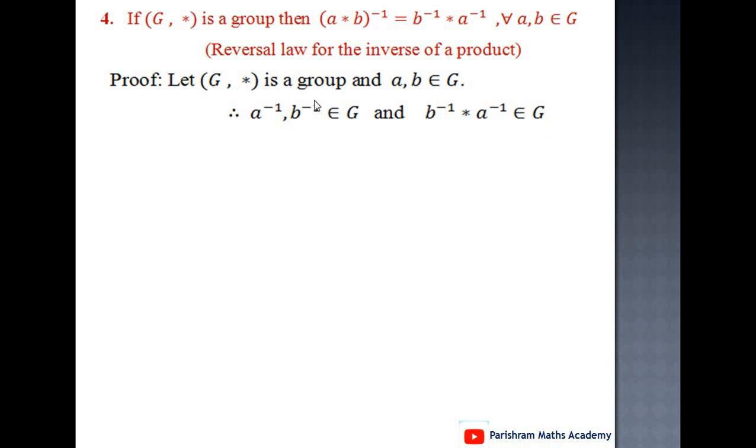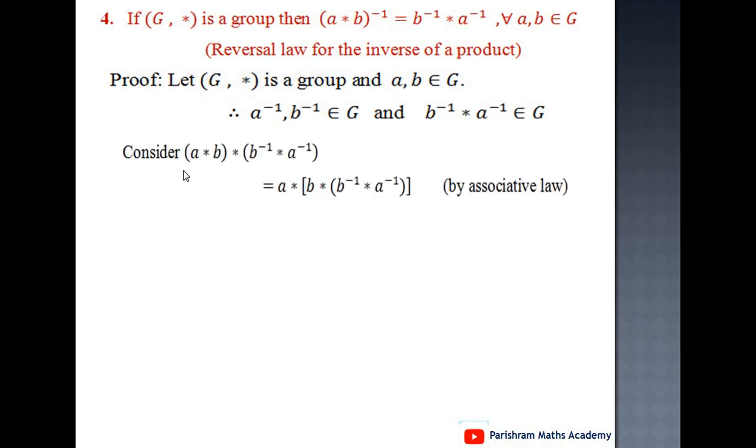Once again, G is a group, A and B belong to G, therefore A inverse, B inverse also belong to G. Also the closure property is satisfied, it means B inverse star A inverse also belongs to G. Now consider A star B, then in bracket, A star B star, in second bracket, B inverse star A inverse.